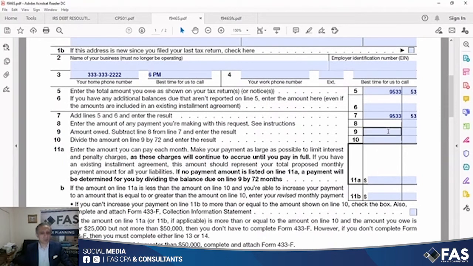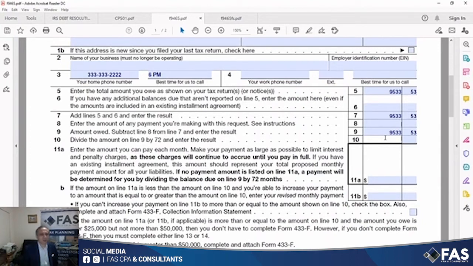Line number 9 will be the same that you owe, $9,533.53. Now here we have to do some calculations. We have to divide the amount of 9,533 by 53.